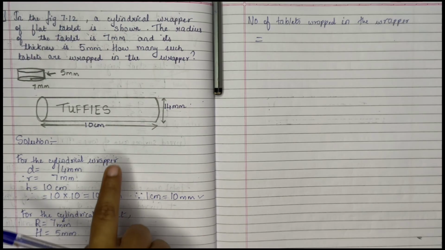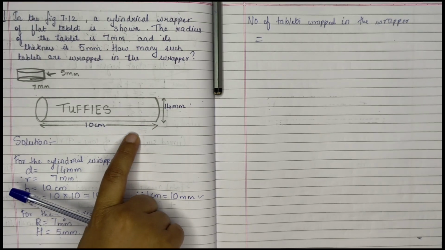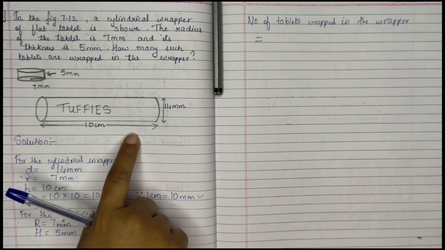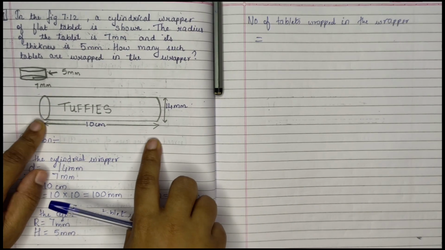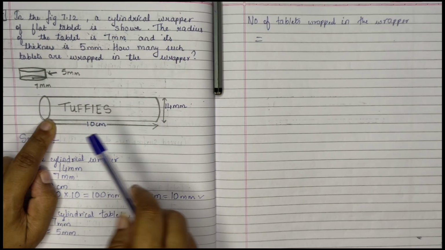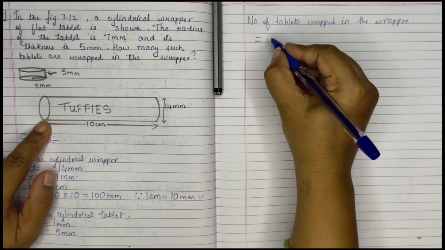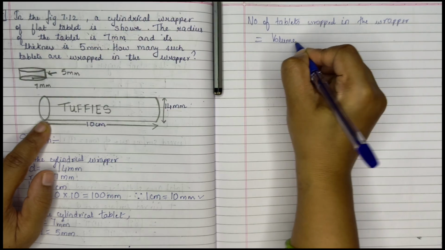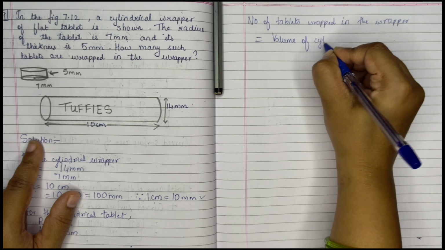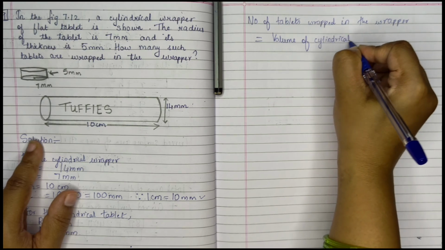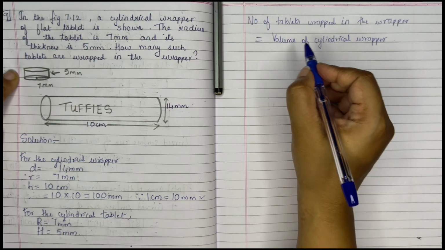the volume of the wrapper upon the volume of the cylindrical tablet. We have to find how many tablets can be wrapped in this wrapper. So we will use the volume of the cylindrical wrapper upon the volume of the cylindrical tablet.